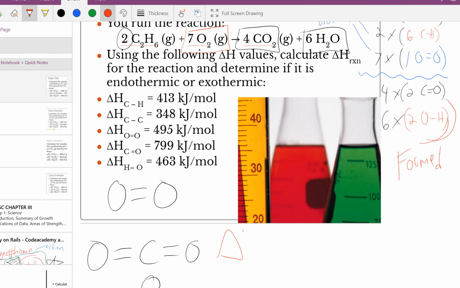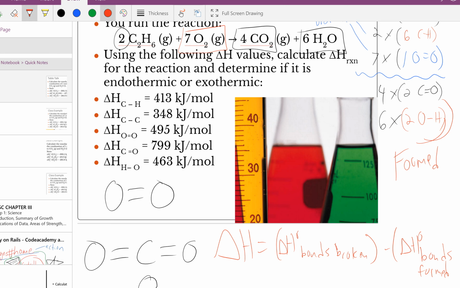It's the delta H equals the delta H of bonds broken minus the delta H of formation of bonds formed. Now I'm going to give you a second so you can try this one out, and then I'm going to come back and show you how it's done.